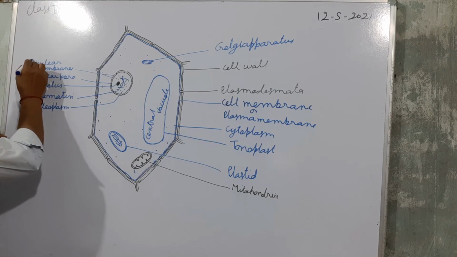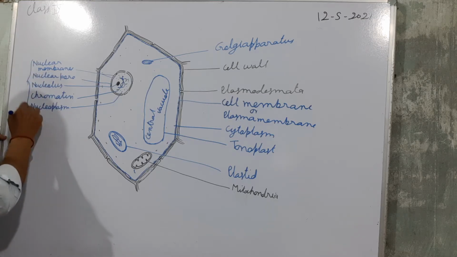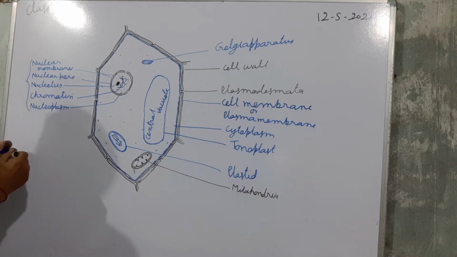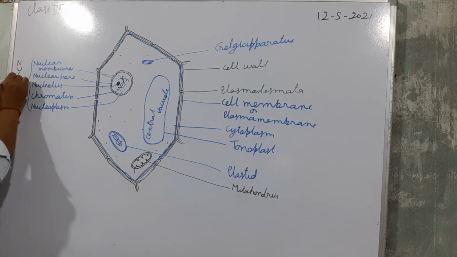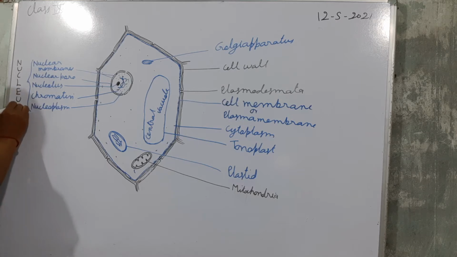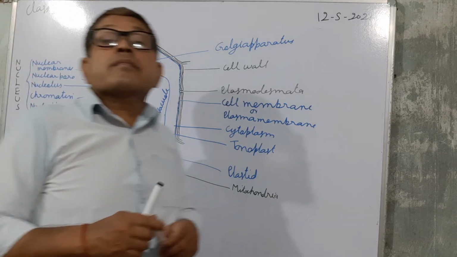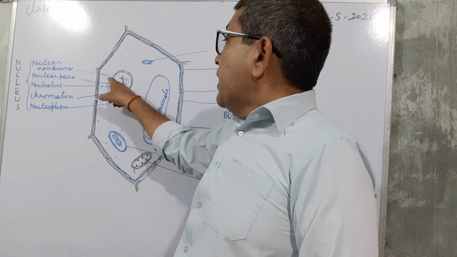So this is the structure of the nucleus. This is the nucleus. The nucleus consists of nuclear membranes.